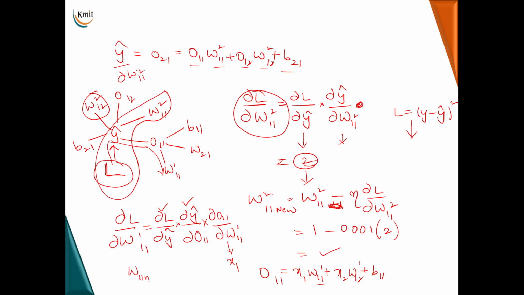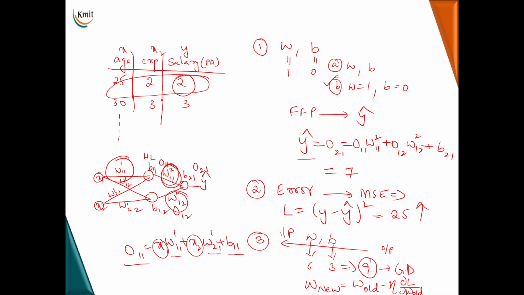Now I will substitute in this equation: W11 minus eta times ∂L by ∂W11 dash. This value is 1 minus 0.001 multiplied by ∂L by ∂W11 dash, the value we get here. I'll get the new value of my weight. In this way, we have reached the input layer where all my 9 values got updated.